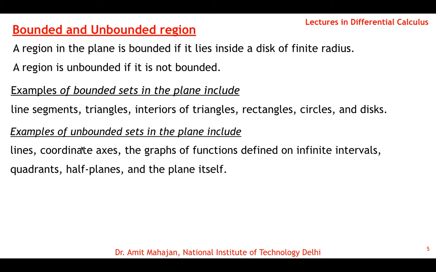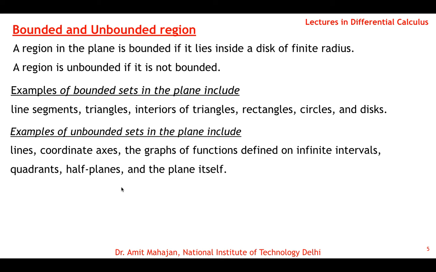In all these cases it doesn't matter how large a disk you take, there will always be some points which lie outside the disk. If there is an infinite line, you choose any large disk, there will be points on the line outside that disk. So these are all examples of unbounded sets or unbounded regions.